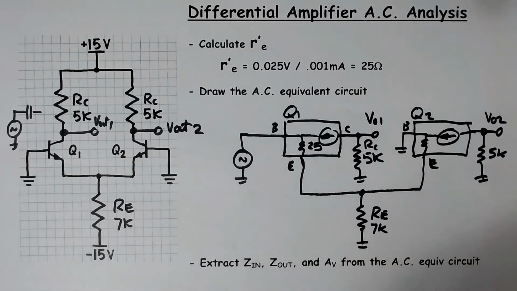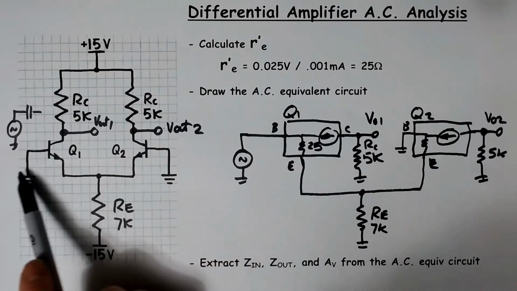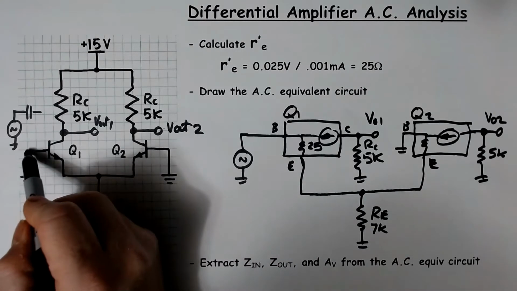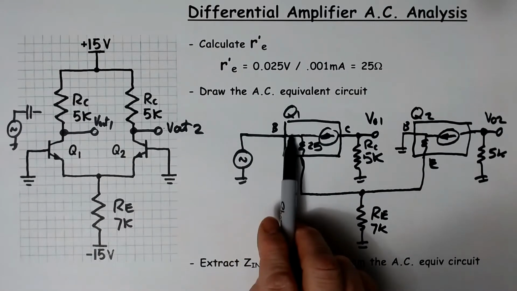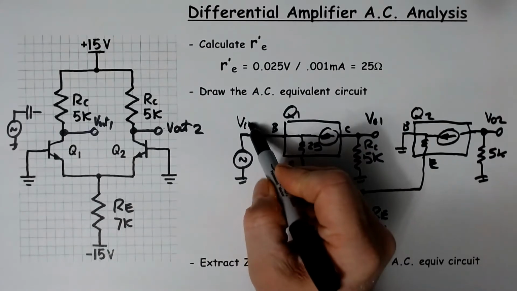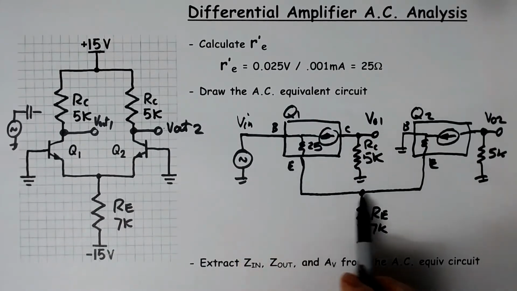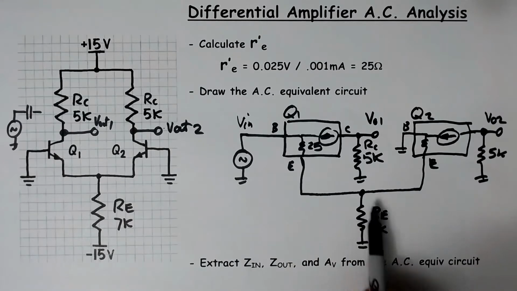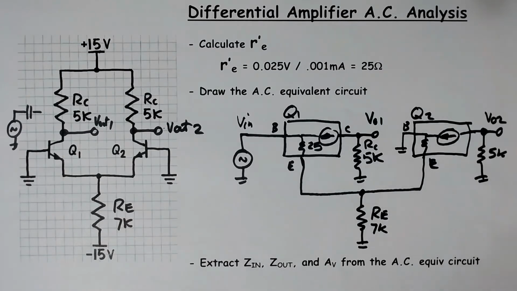So you draw them as two transistors. If the input is applied over here to this transistor, then we'd say that that is our input. And then the emitters are joined together, our E goes to ground. There's your AC equivalent circuit. In our next slide, we're going to figure out how to extract Z in, Z out, and AV from that circuit.